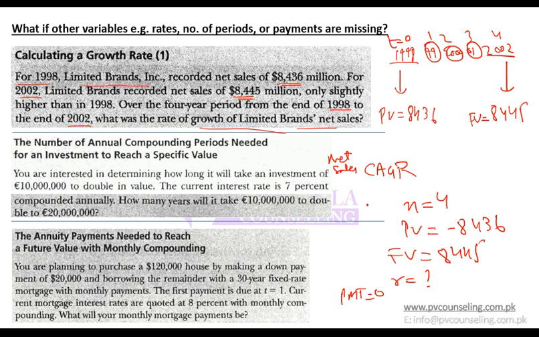N is 4, PV is minus 8436, FV is 8445. I/Y is what you have to calculate. What is it? 0.03, or it is 2.67%.